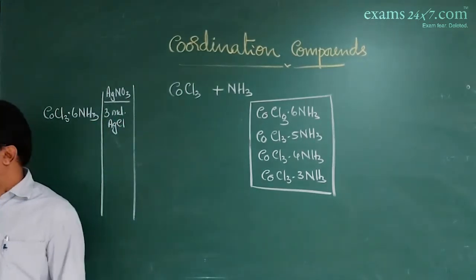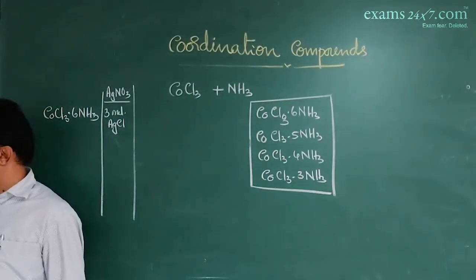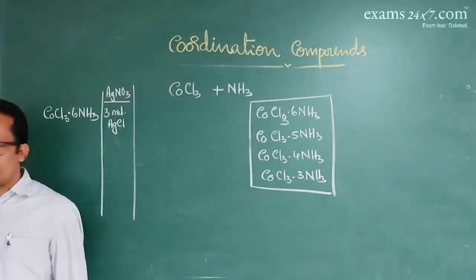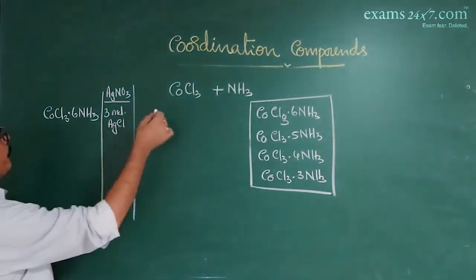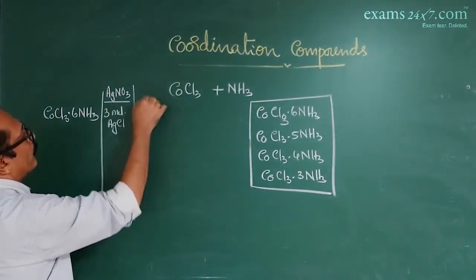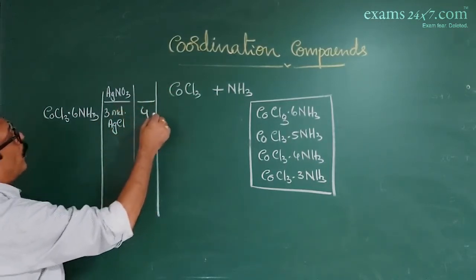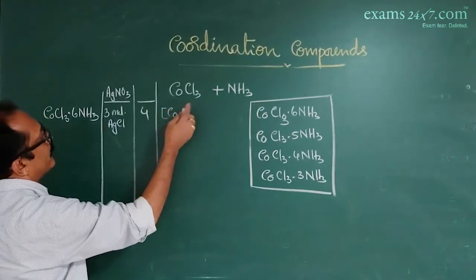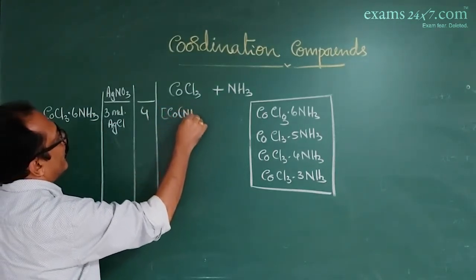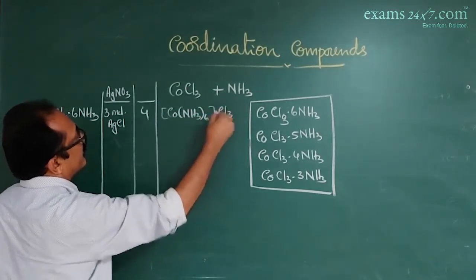Now, when it forms 3 moles of AgCl, the total number of ions is equal to 4. Now I'll write the complex compound: [Co(NH3)6]Cl3.